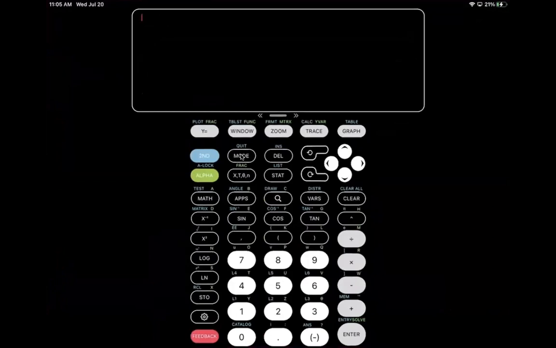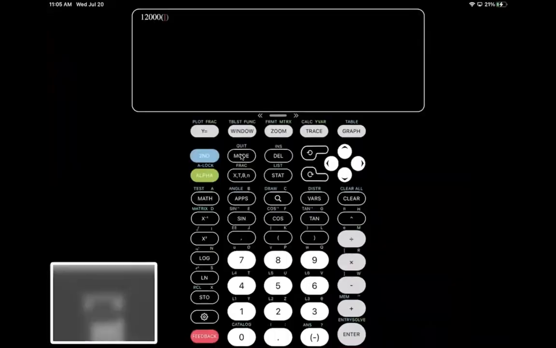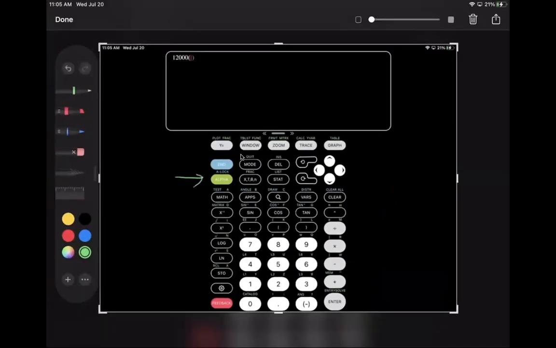Okay, so 12,000, open parenthesis. You see the alpha and frac right here. I think I talked to you about this before. Press alpha first, and then frac.